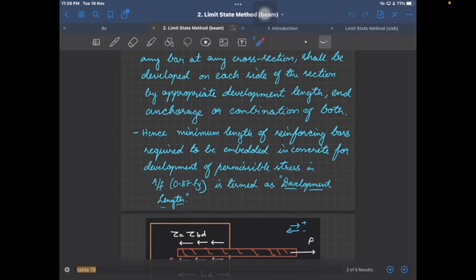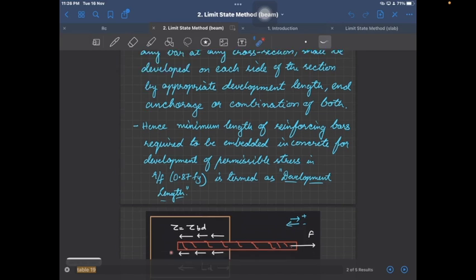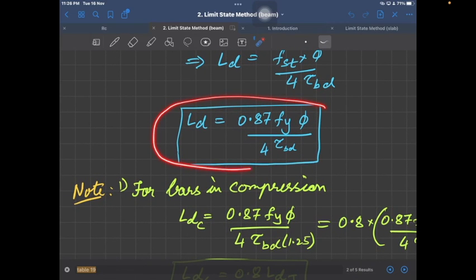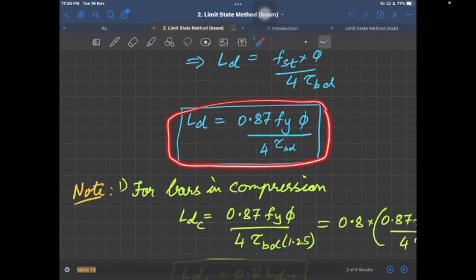It has got a big story, and the moral of the story is this. So LD is calculated from this expression.